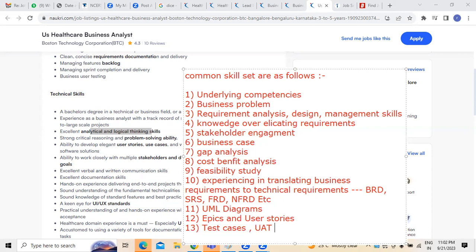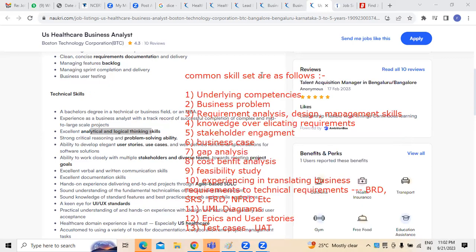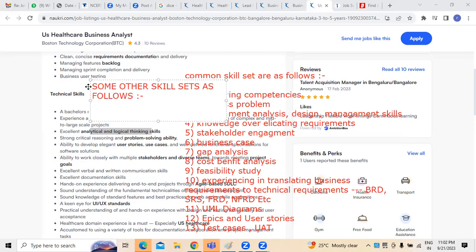Apart from these points, the industry which the organization belongs to, whatever skill set they require, all vary. So, for example, some other skill sets are as follows. As per the job profiles we have seen, knowledge over Python.